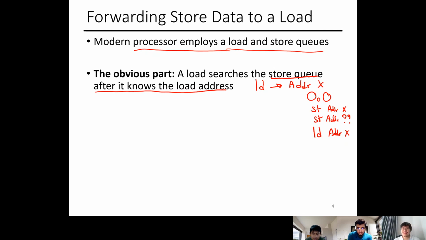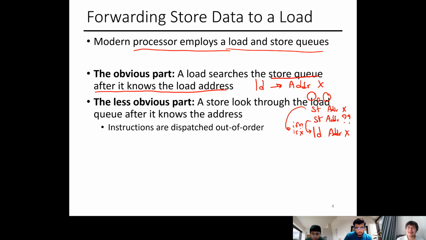Yes, the other store can also be X. Exactly, right? Because I don't know, it can be address Y, it can be address X. If it's address X, you have a problem because then you basically have to forward your data from this store if the question mark is X. Otherwise, you get it from here, right?